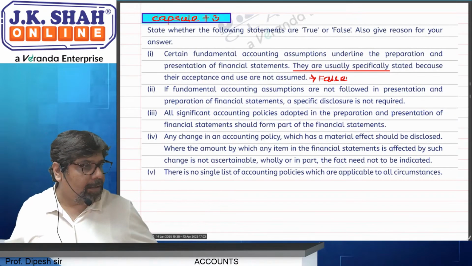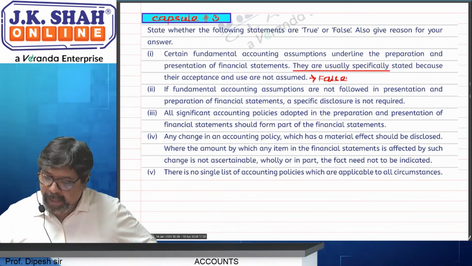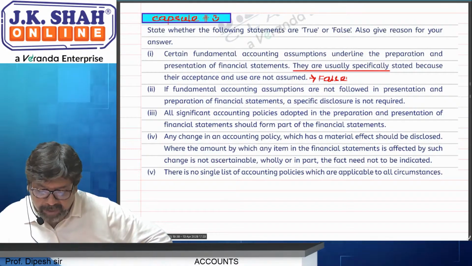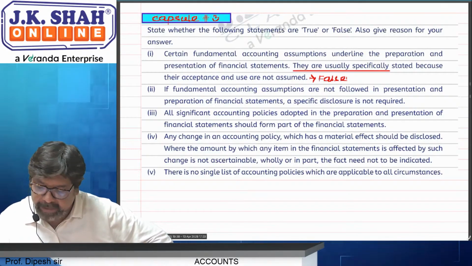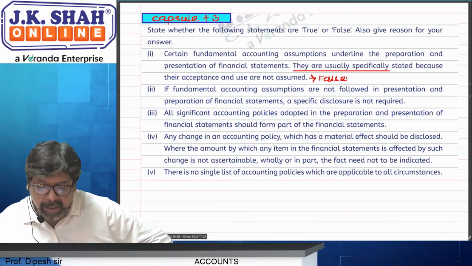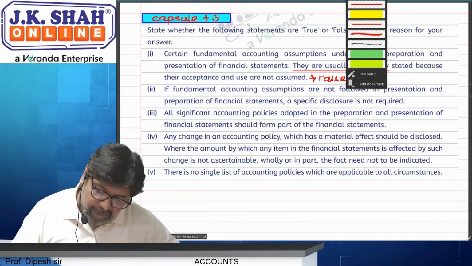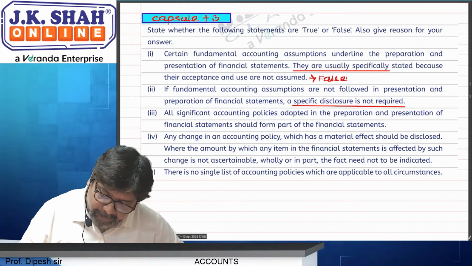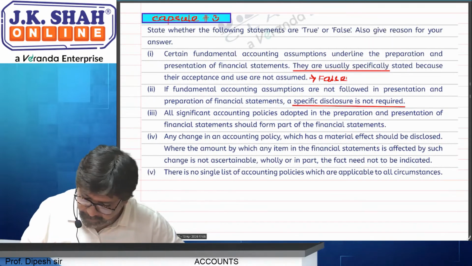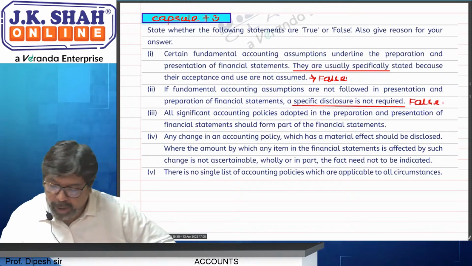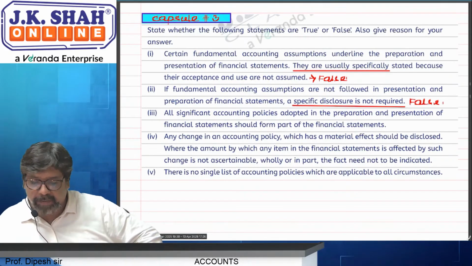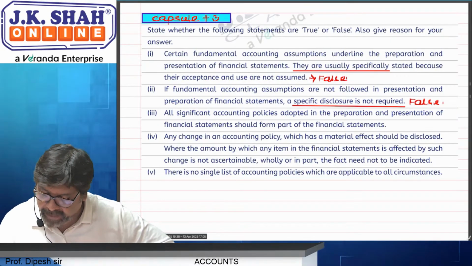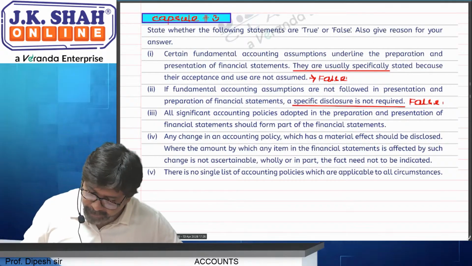चलिए आगे बढ़े. If fundamental accounting assumptions are not followed in the presentation and preparation of financial statement, a specific disclosure is not required. False. Specific disclosure is required. All significant accounting policies adopted in the preparation and presentation of financial statements should form a part of financial statements.